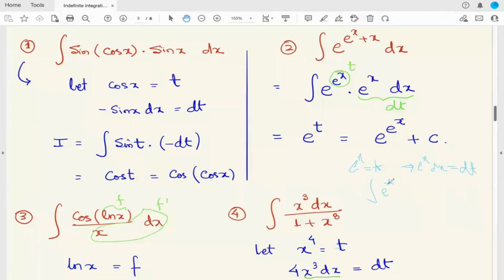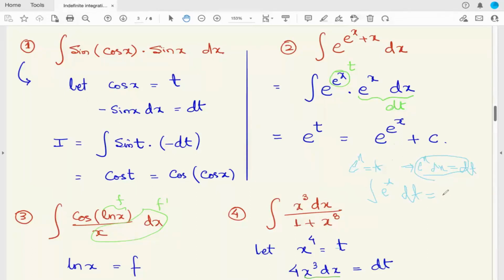So the rest of the part, e to the power x dx, comes into a favorable form, which is dt. This complex function is converted into a simple integration of e to the power t with the elementary element dt.